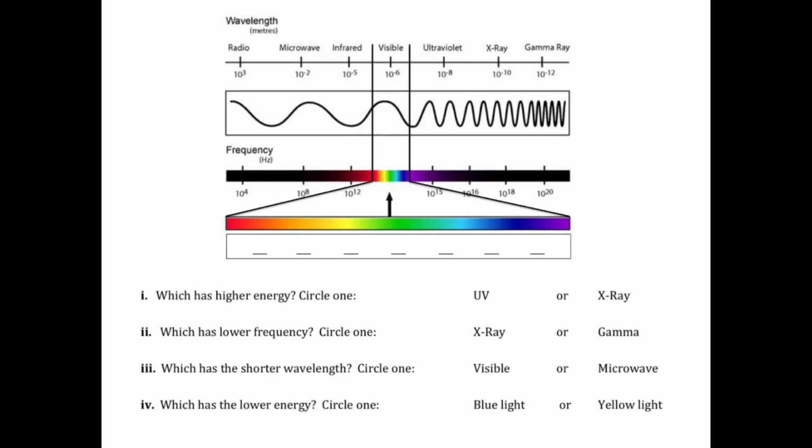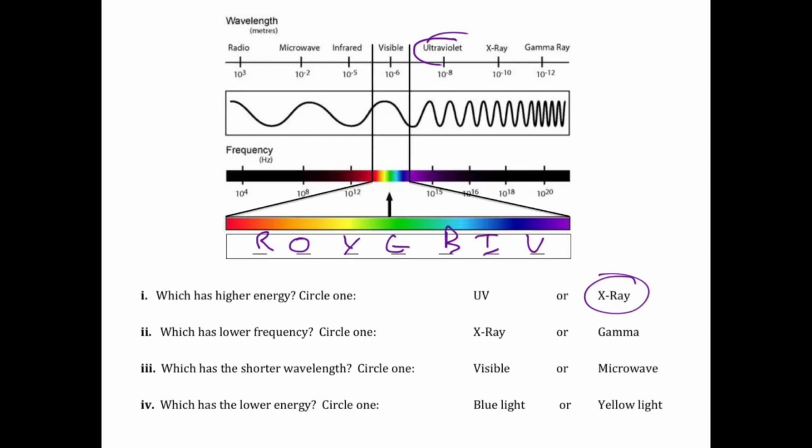So let's go ahead and answer these questions here. Again, this is going to be Roy G. Biv. Which has a higher energy, UV or X-ray? Well, energy increases this way, so the one with the higher energy is going to be X-ray.